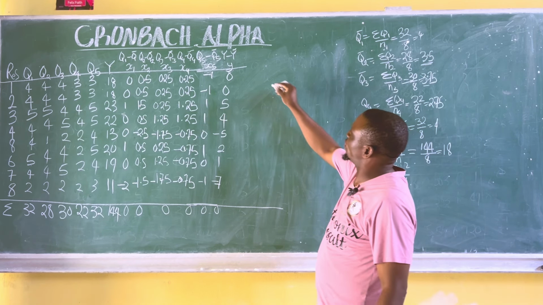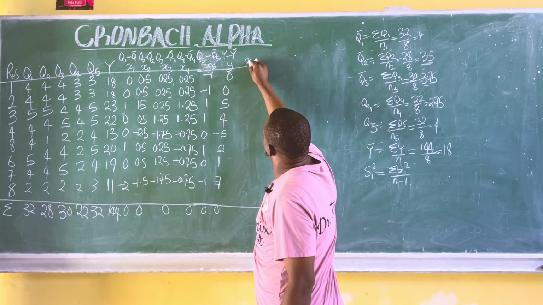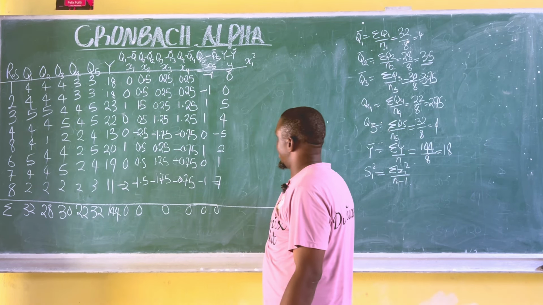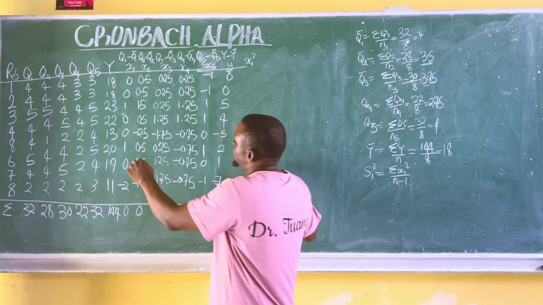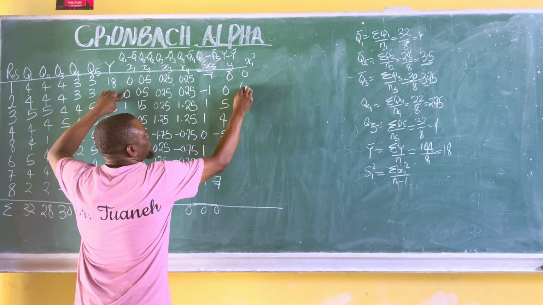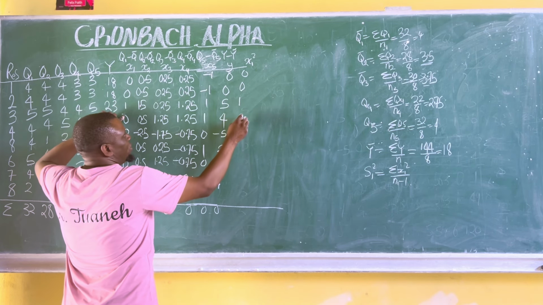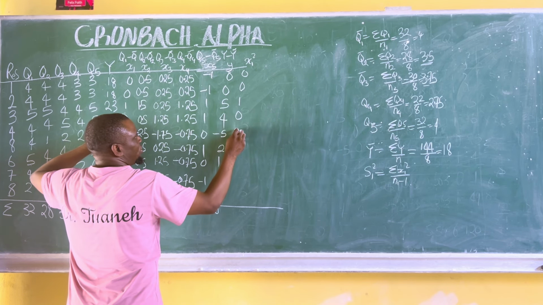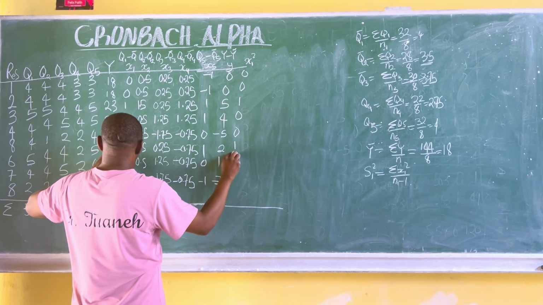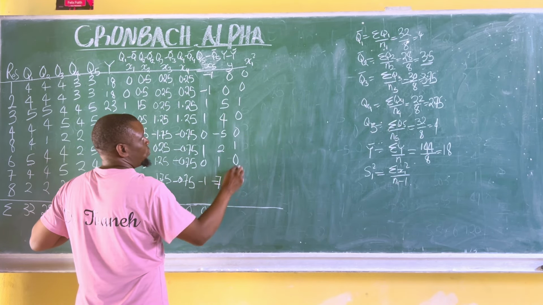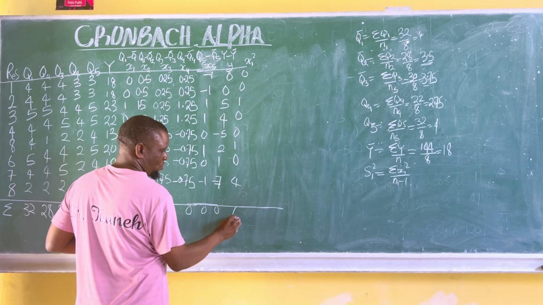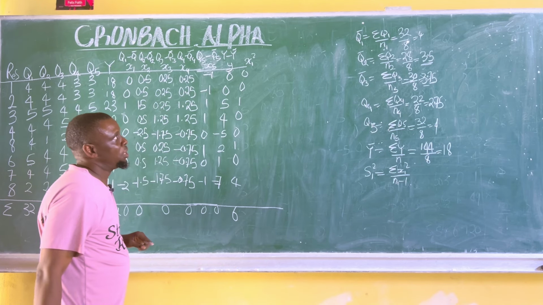So we are going to create a column and call it x1 square, which will be the square of this particular item. The square of that: 0 square will be 0, 0 square will be 0, 1 square will be 1, 0 square 0, 0 square 0, 1 square 1, 0 square 0, minus 2 square 4. So if we sum that, 1 plus 1, 2 plus 4, 6.